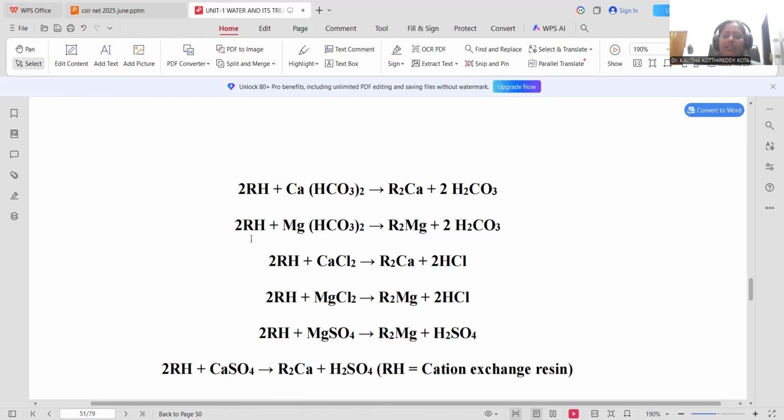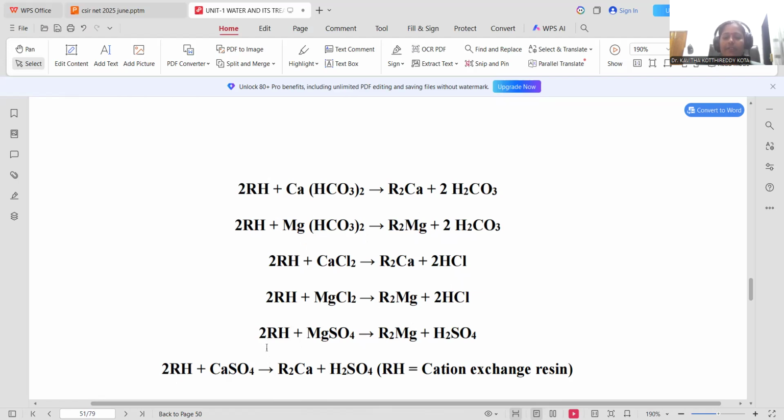The resin also binds with magnesium bicarbonate, giving rise to magnesium-bound resin and free carbonic acid released. In the same manner, if calcium chloride and magnesium chloride are treated with this resin, there is a probability of the resin complexing with calcium and magnesium, and hydrochloric acid is the output.